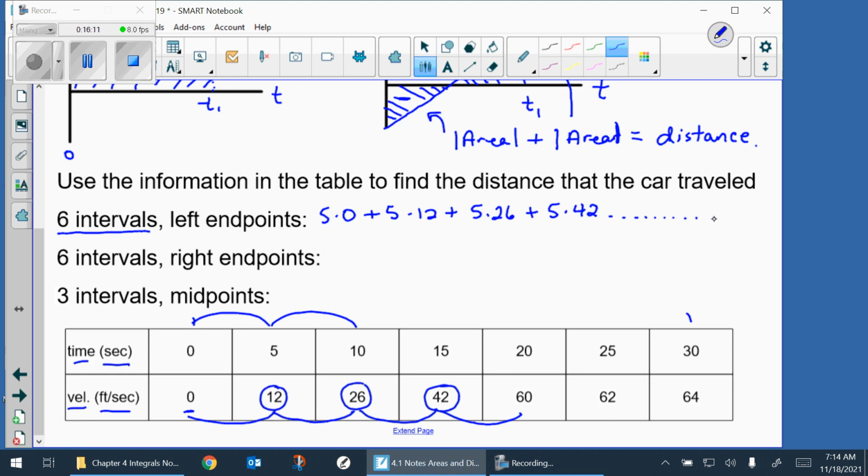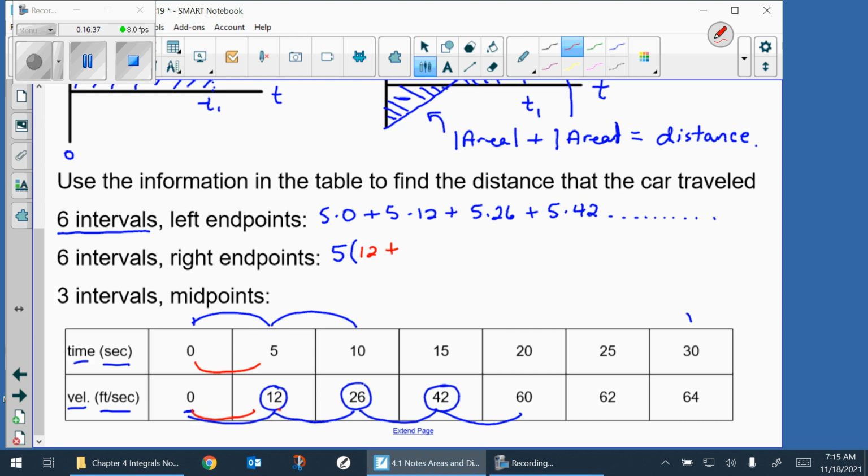If I were to use right endpoints, it looks like it's going to be the same thing. And I can be a little more efficient with the way that I show them to work. So my first rectangle is going to go from 0 to 5. The right endpoint is 12.